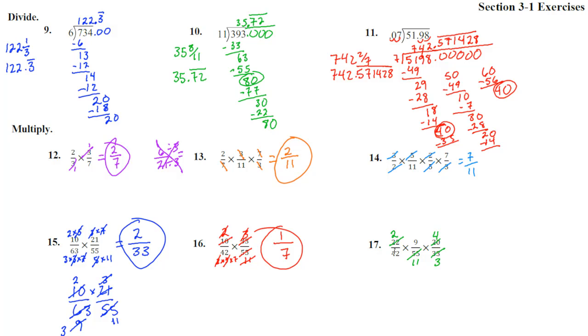You see 2 and 42, you can divide 42 by 2, and that's 1 over 21. 9 and 3 both have a 3 in them. Divide it out, and you get a 3 on the top. So you get a 3 and a 21, 7. So you get 4 over 77.